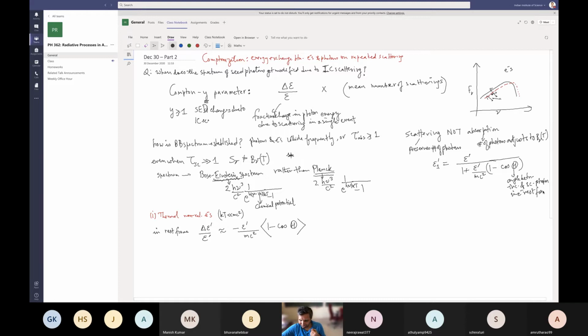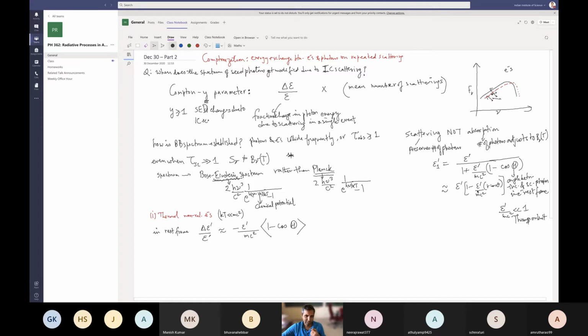This is the first thing that we did. If epsilon prime by mc squared is much less than 1, we are almost in the Thomson limit.